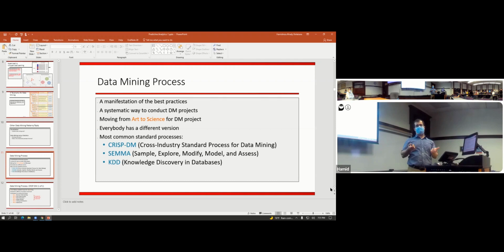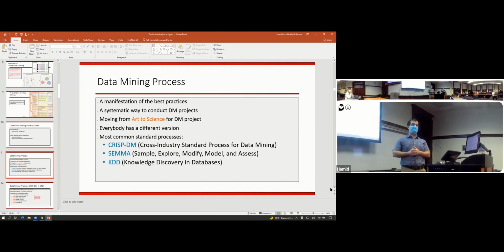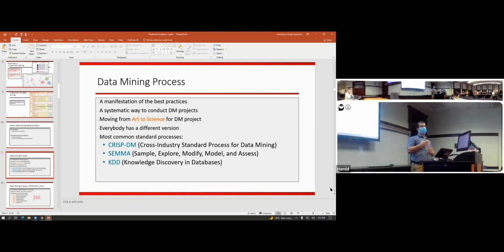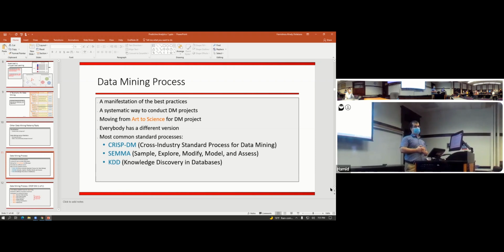It's based on your creativity. You make something, right? But for a data mining project, we want to have certain standards. So we follow some scientific steps to be able to produce some insights. It's what we are talking about.